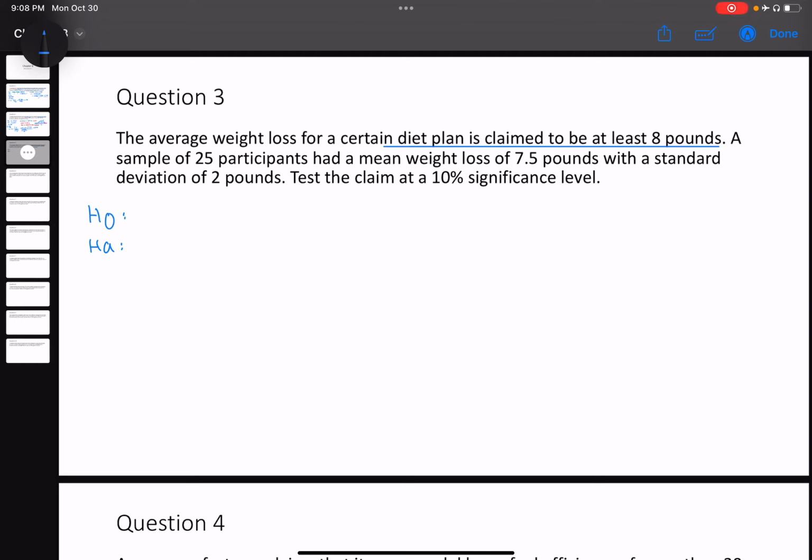So the null hypothesis would be the average weight loss equals 8 pounds. The alternative would be the average weight loss is more than 8 pounds.